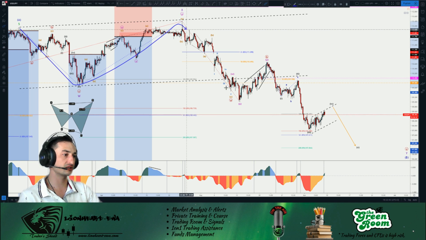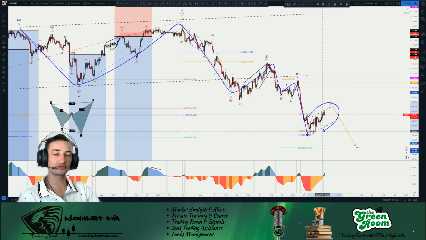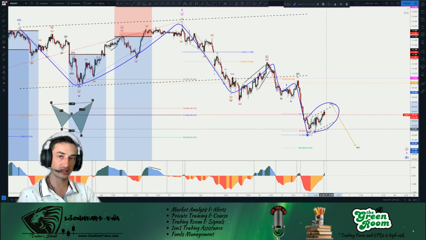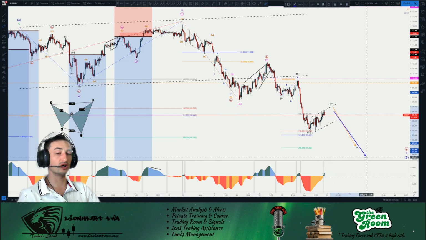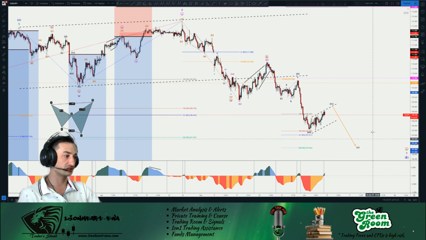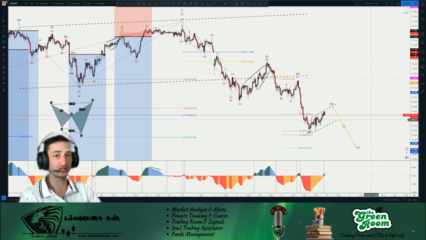So WX and then AB 1 2 3, and this kind of looks like a corrective structure right here, a bear flag if you may. So it should be able to provide one more on the downside, which means that my theory, which I've previously explained, let's say with the metals, is that the leg up could continue after that correction. So moving on to the other charts.